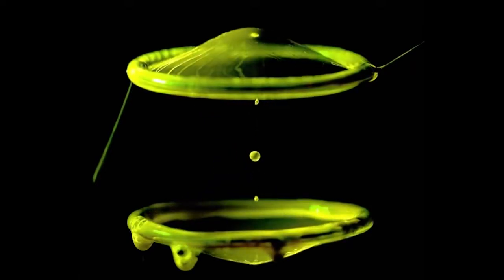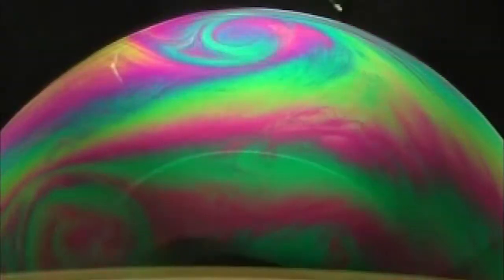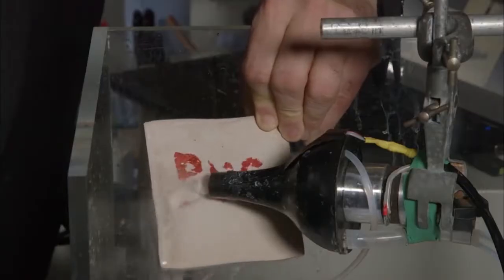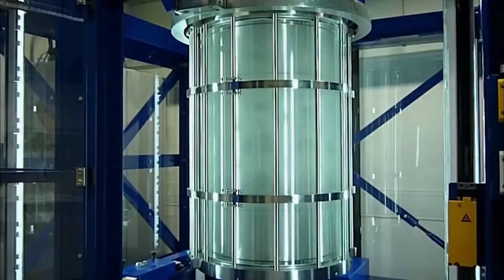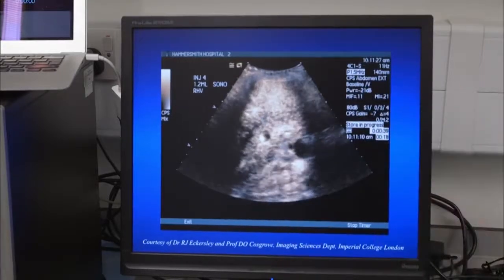They can help us explore nature at scales that are normally beyond our reach. They have surprising practical benefits too, in diverse fields such as ship design and medicine. I hope that from now on, you'll see bubbles in a completely different way.